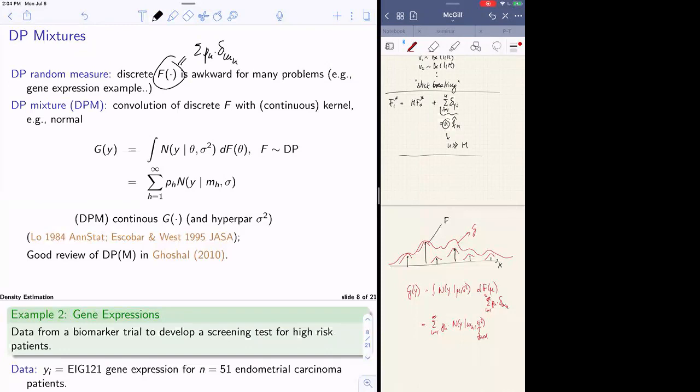If we smear it out with that red continuous kernel, which obviously need not be a normal kernel but without loss of generality let's assume a normal kernel, then we get a beautiful continuous distribution, known as the Dirichlet process mixture. These are very popular models. Do you get the flavor? It's essentially a systematic way of using mixture of normal models.